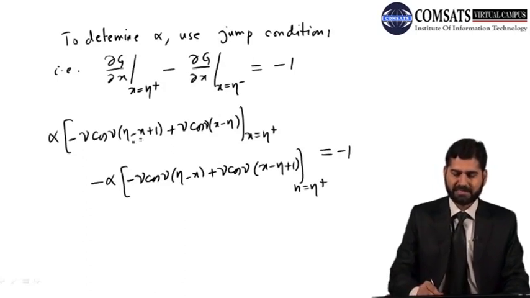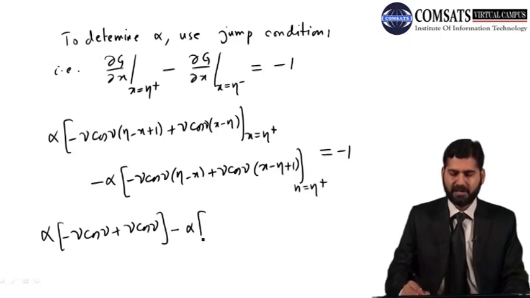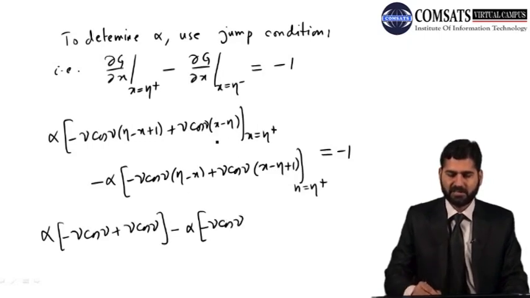So now if you replace x with eta, so eta and eta are cancelled, so you got alpha times negative nu cosine nu, and eta are again cancelled, so you got plus nu cosine nu. This is what you are getting from here, and minus alpha, here negative nu cosine, again eta and x cancelled. This is cos 0, sorry, this is 1.